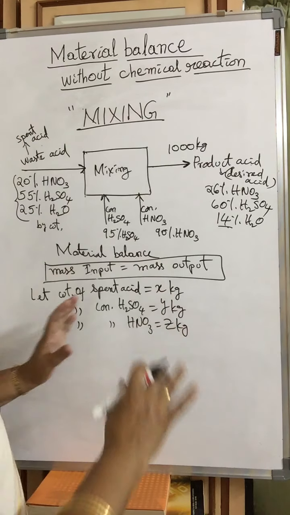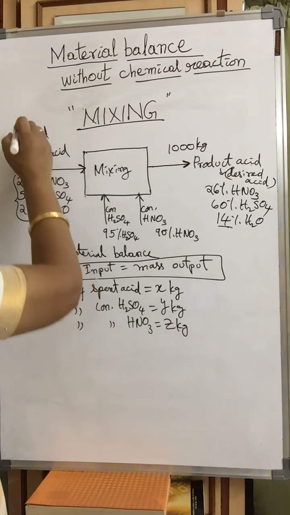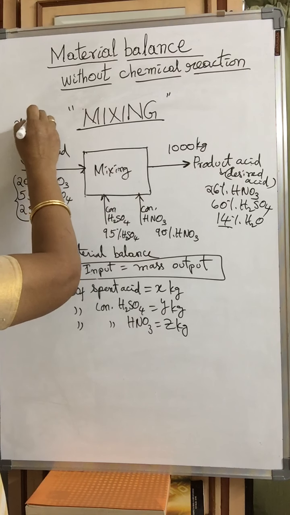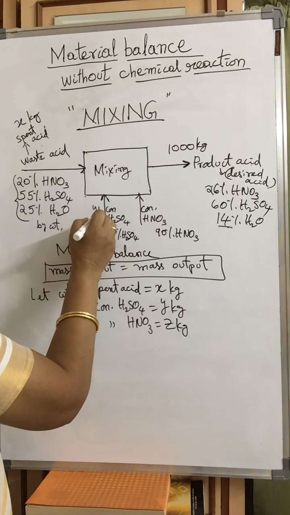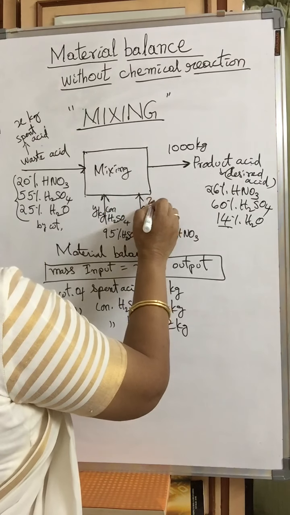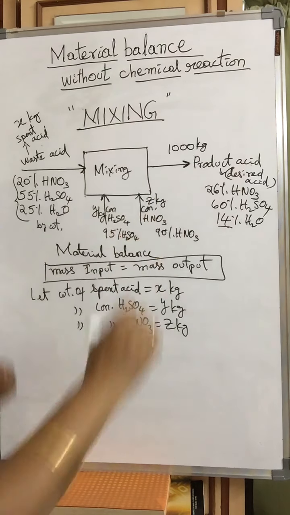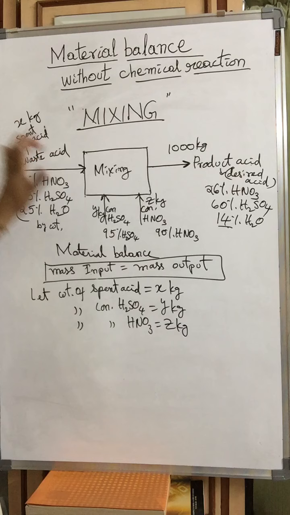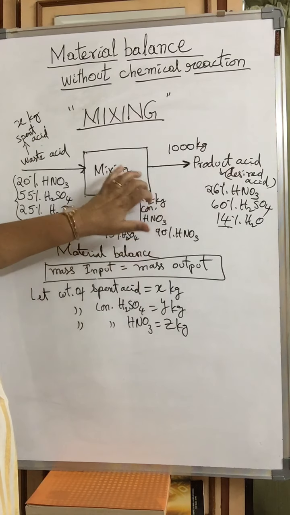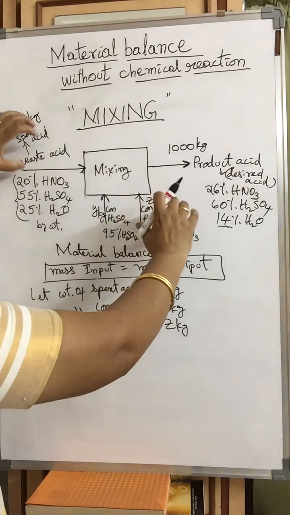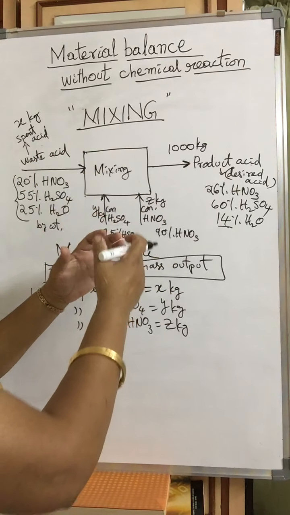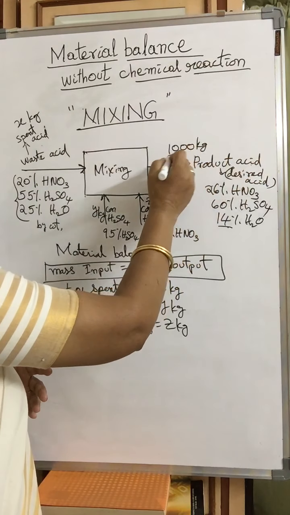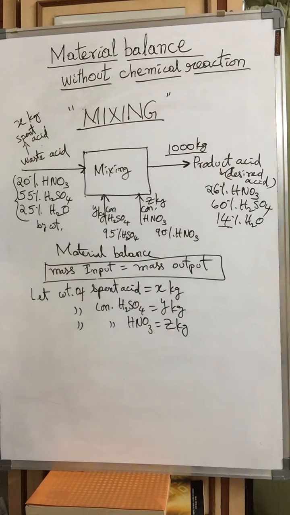That we will assume first. So this stream is x kg, this stream y kg, this stream z kg. Let all these x, y, z streams be added in order to get 1000 kg of the product acid.